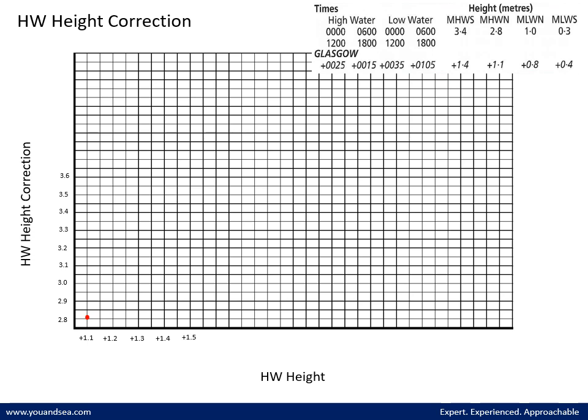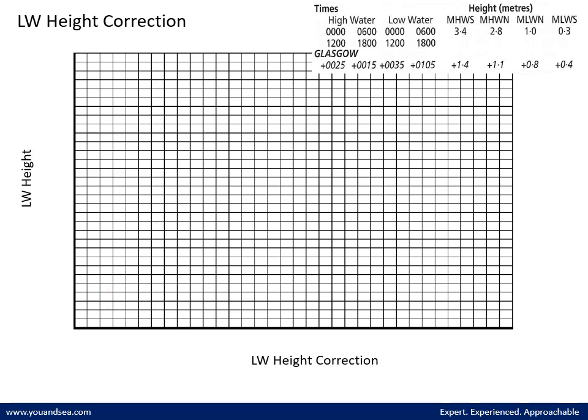We've got our red dot in the corner for 1.1 to 2.8 meters, and we've got our other red dot for our mean high water height at 3.4 and the correction to 1.4. Draw a straight line and extend it past, and then we go in with our high water height 3.6 meters, and then we end up with a correction of 1.5.